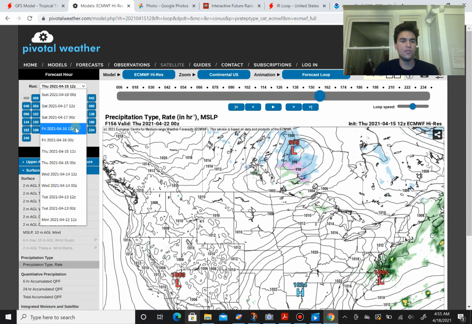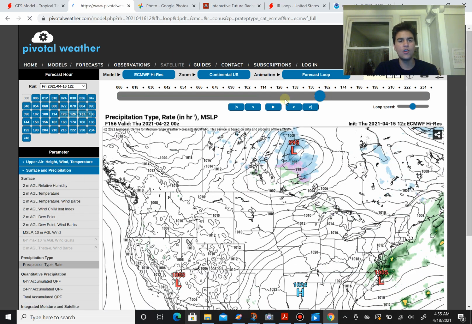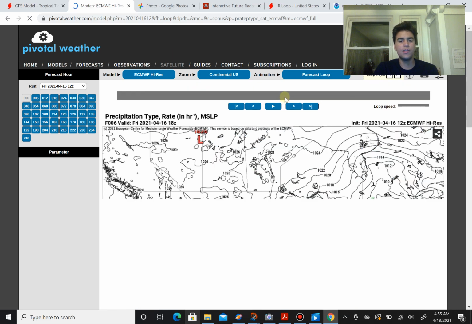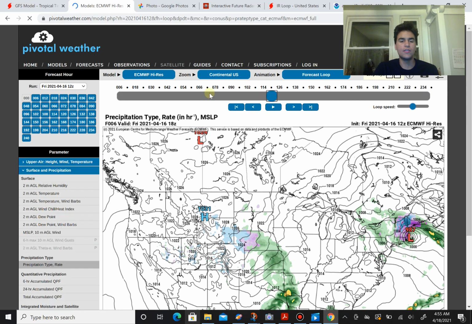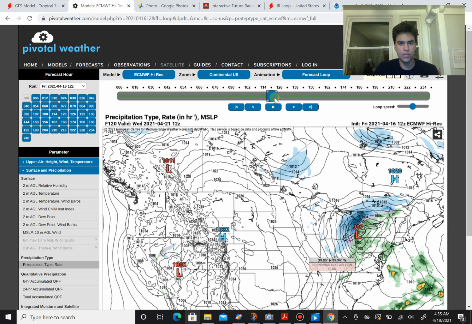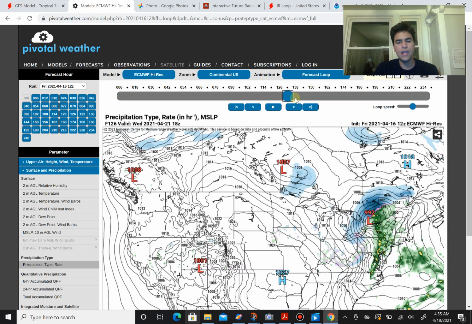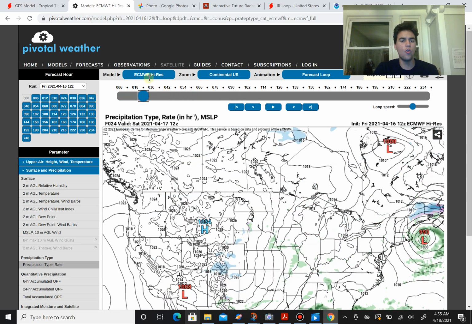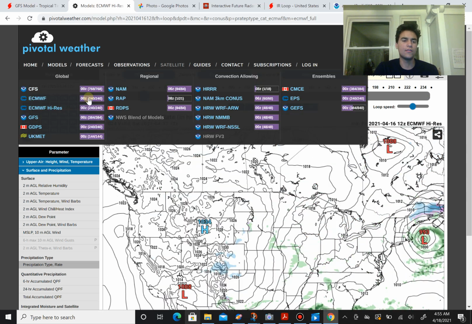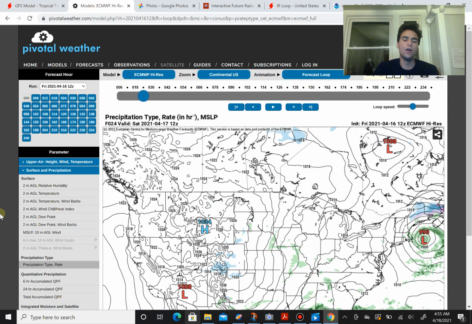Well, I went a little bit too far back, but looking at Friday's run, you're going to see that the European model was a little bit more lenient on bringing that snowstorm further southward to where it impacted the southern portion of the Northeast. But that does seem to be the case at this point right now, where the European model is now bringing that snow further northward than expected. But other than that, it's pretty much the exact same as yesterday's model run.